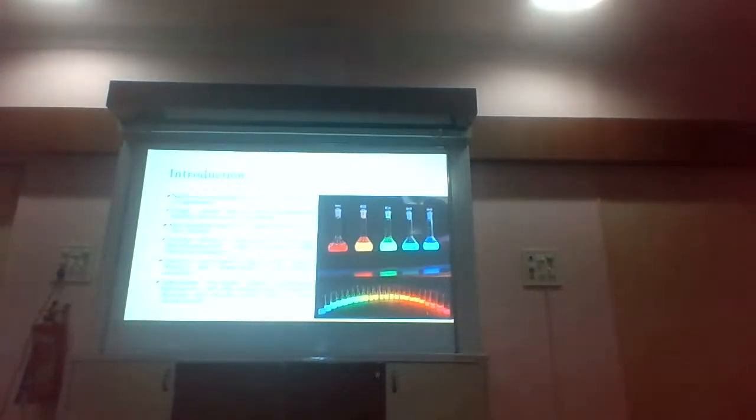Introduction: basically, quantum dots are nanoparticles whose sizes range from 2 nanometer to 10 nanometer and have optical properties like photoluminescence.